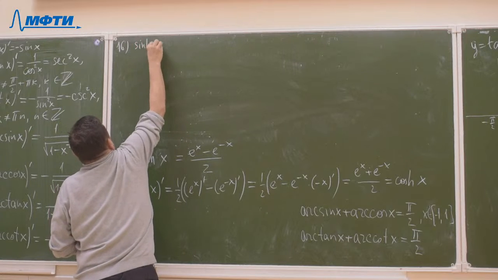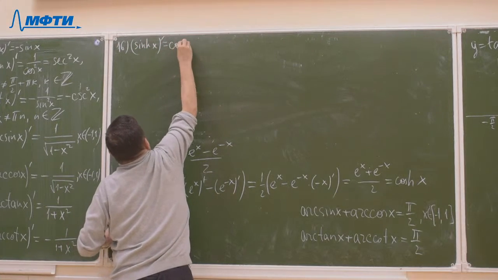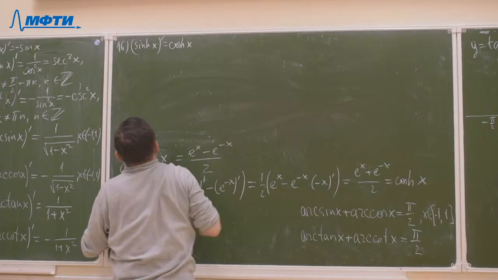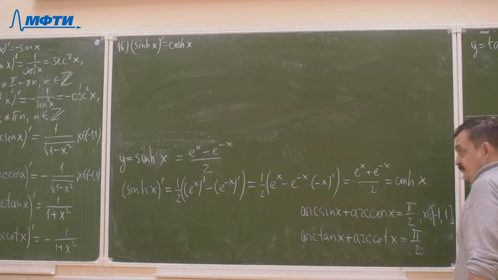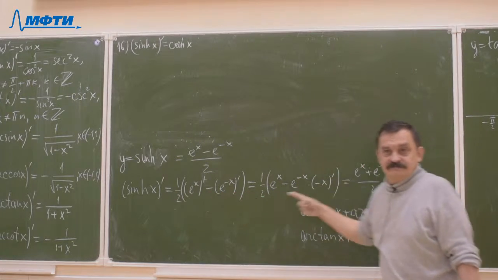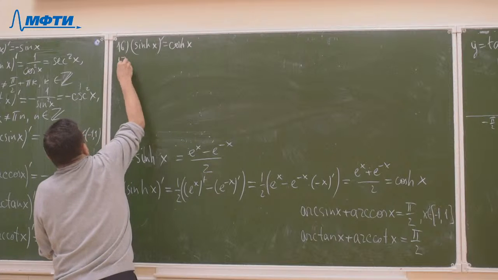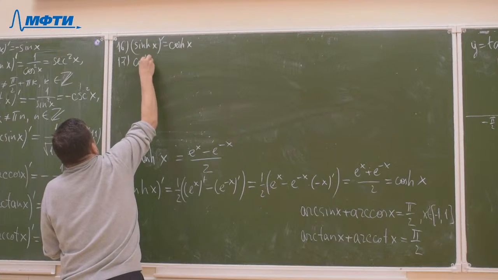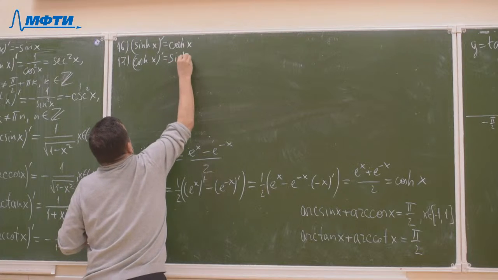Sine hyperbolic x prime is cosine hyperbolic x. Similarly, we can proceed in the inverse direction, right? Differentiating, and it gives immediately cosine hyperbolic x prime is sine hyperbolic x.